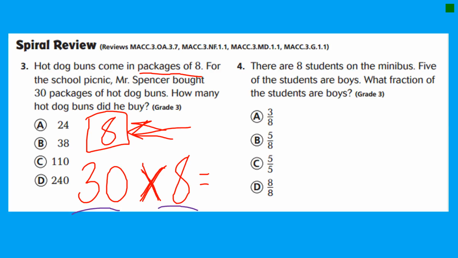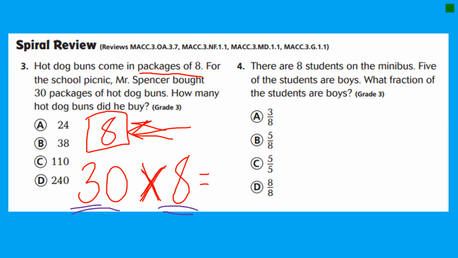Okay, the basic fact here, I see 3 and 8. I know what 3 times 8 is. And if you don't remember 3 times 8, think about your 8s. 8, 16, 24. Boom. There's 3 times 8. 8, 16, 24. Okay? There are lots of ways to remember your times tables, but that's a good one.